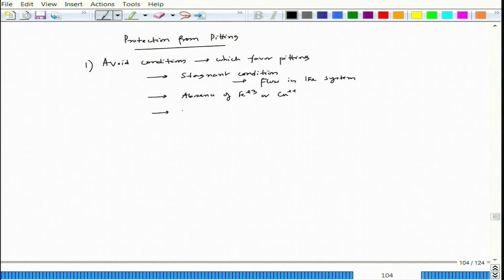Then, removal of dirt, dust, small particles. Those are the regions where a small crevice kind of appearance can form, and then that can initiate a pit.